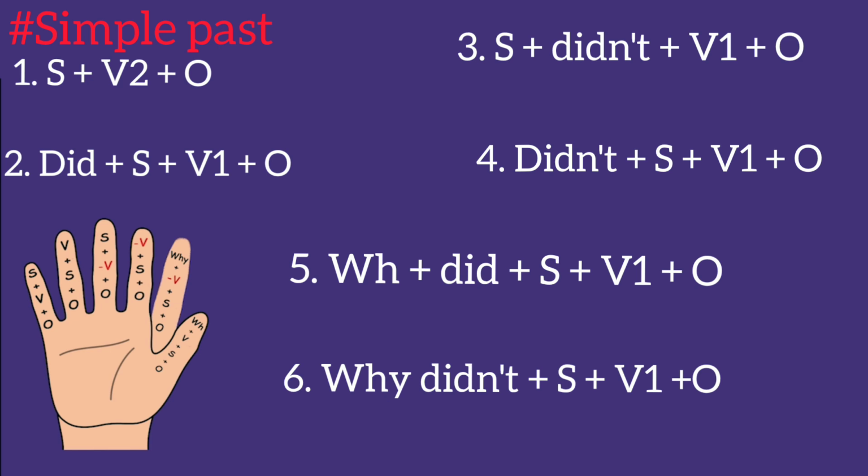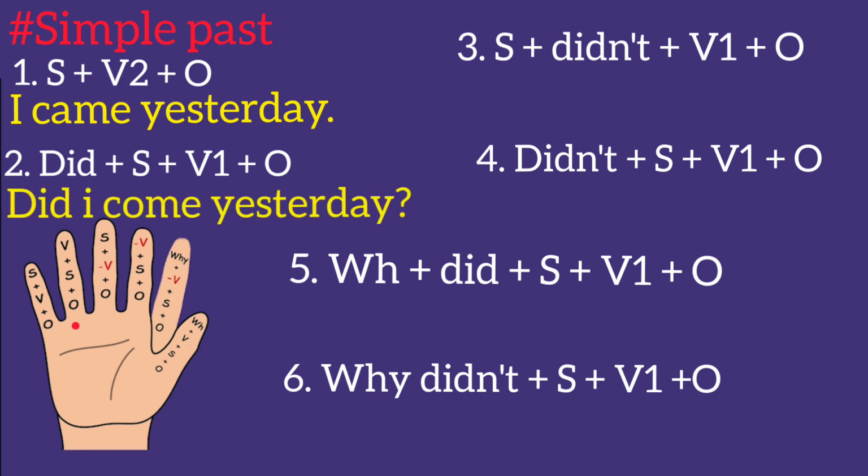For example, the positive statement is I came yesterday. Here, if you apply the formula, V2 is equal to did plus V1. The second form of the verb, that is came, will become did plus come. So, the yes or no type question will be, did I come yesterday?